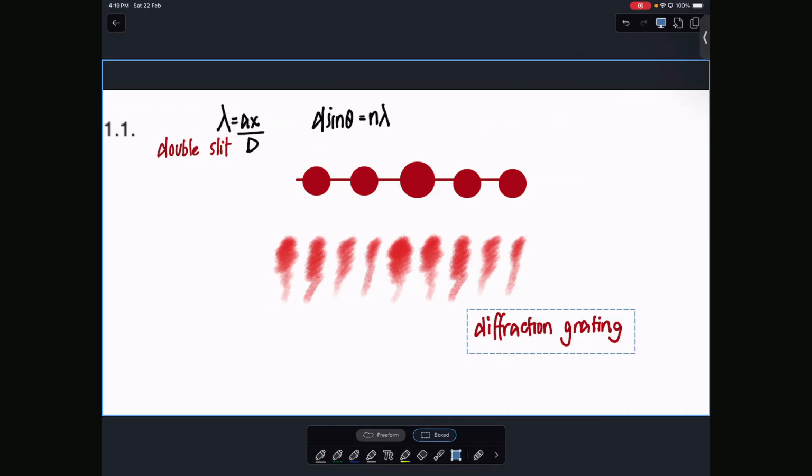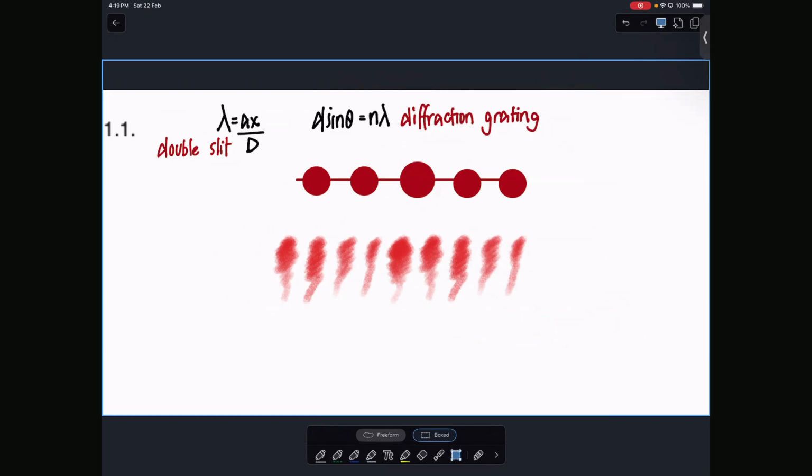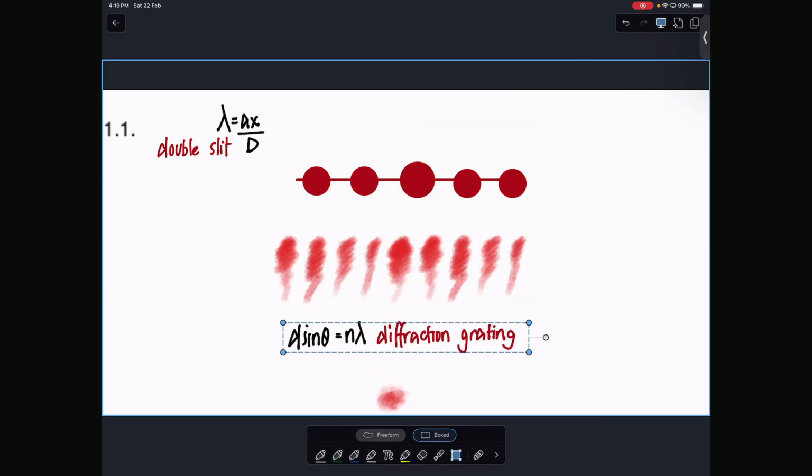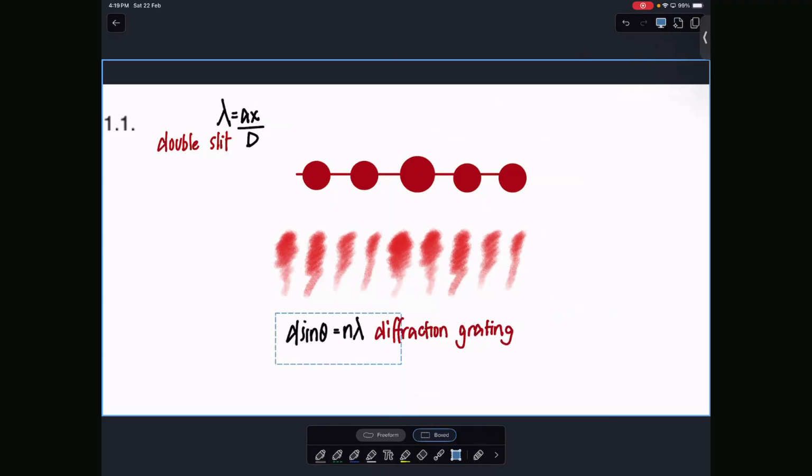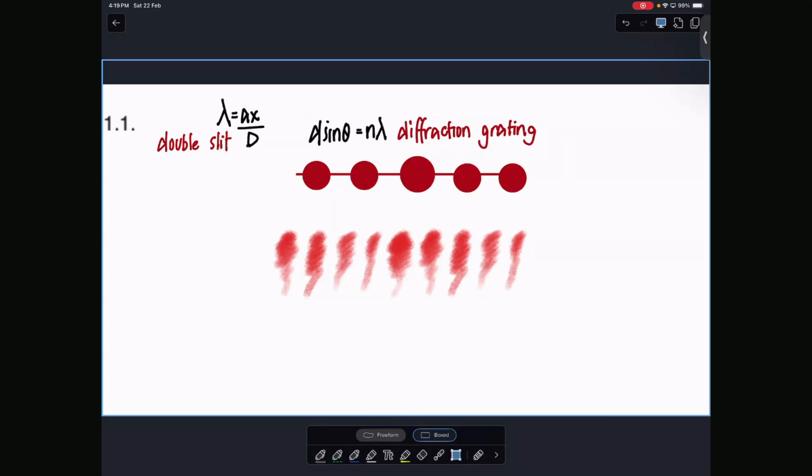It's an important distinction because we need it for our experiment. Diffraction grating is the lower one. So do you guys agree? Diffraction grating is this and double slit is the upper one. No, it's the other way around.